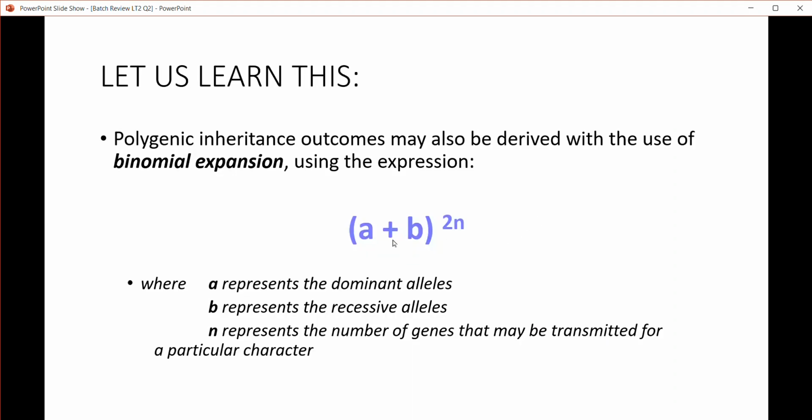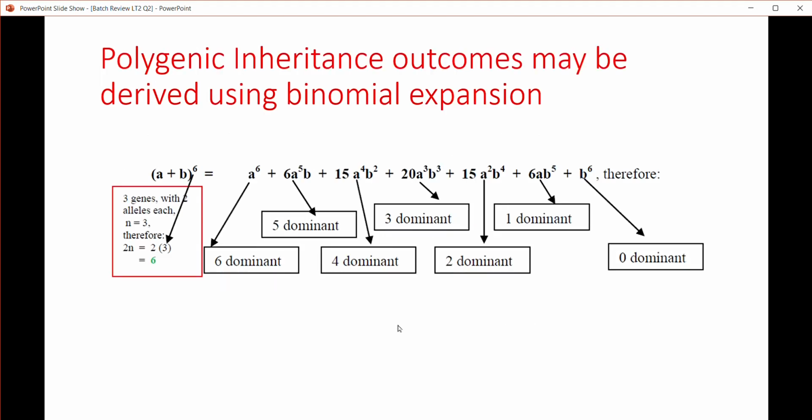So there's another form of the expression. The small a here would be the dominant, the capital letter, and the small b would be the recessive, or the small letter, raised to the 2n, where the n would be the number of gene pairs present. So you make use of the binomial expansion. The a here are all dominant, the b here would be all recessive.